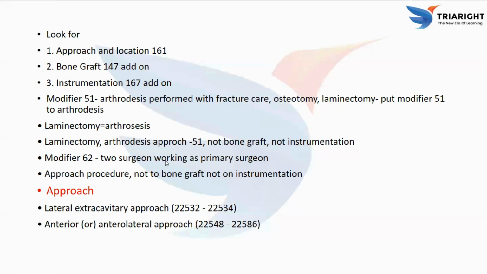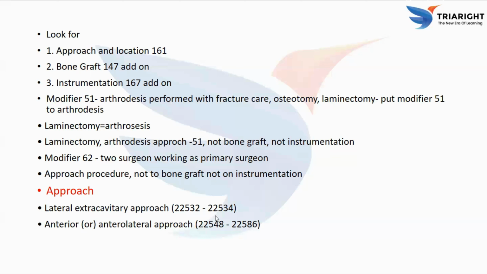Do not apply modifier 51 to the bone graft and the instrumentation. You only have to append it to the arthrodesis, so modifier 51 applies to the arthrodesis code. Modifier 51 does not apply to the bone graft as well as instrumentation, because they always come under add-on codes. Add-on codes never take modifier 51.